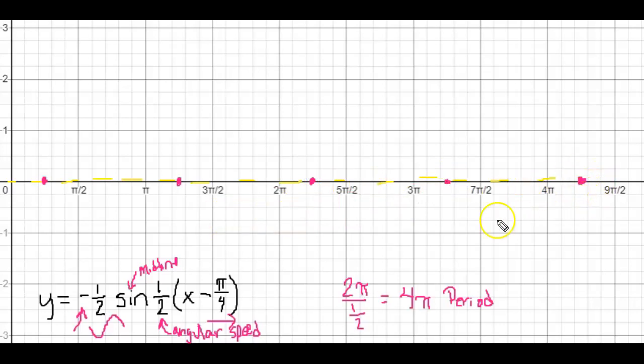If you recall, this number here is going to be our amplitude. That's how far below and how far above we're going to go. So starting at this point, I'm going to come down to 1/2. Remember, we're going down because it was negative. Sine normally would go up, but it's negative, so I'm going down. So I'm going down to 1/2, back up to the middle, and then I've got to go up to 1/2 at this one, and then back down to the middle.